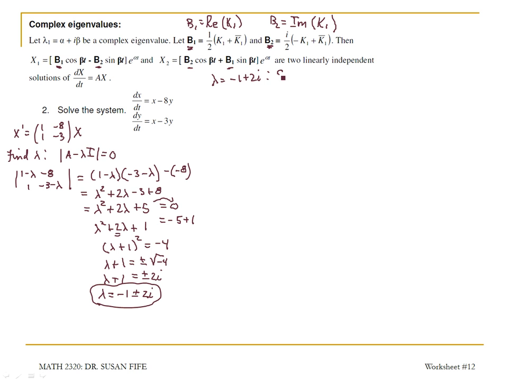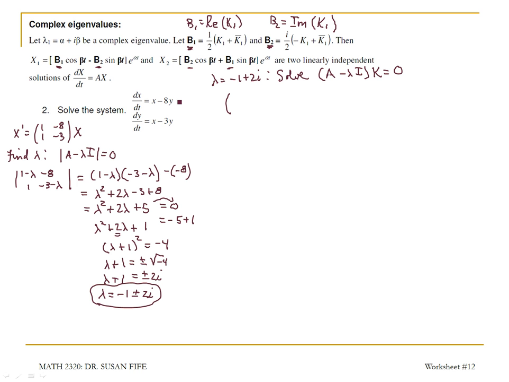And now we want to solve A minus lambda I times K is equal to 0, where for A minus lambda I, we're subtracting off negative 1 plus 2i across the diagonal.